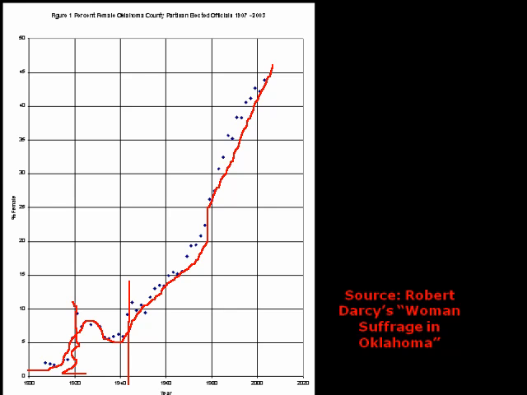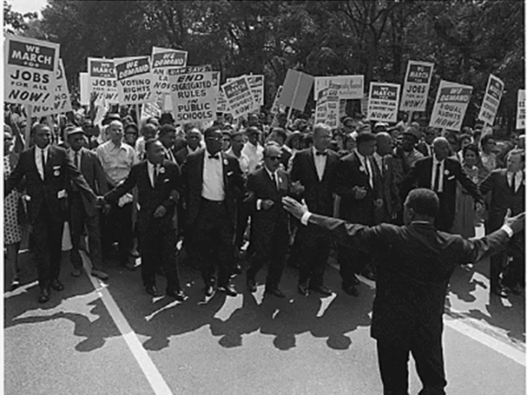There are fewer women in elected office in Oklahoma than any other state, and it could be because of this 20-year lag that we experienced, because of the slowness we had in giving women the right to hold all statewide offices.